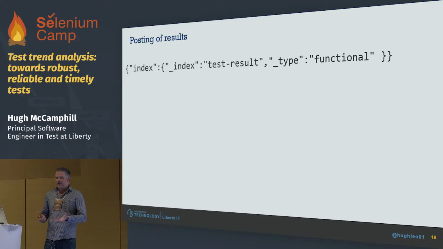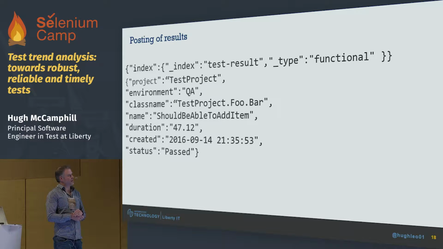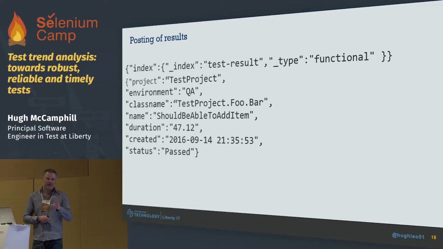And then, whenever you have actually run the tests, you need to build a particular type of JSON structure, which is specific to Elasticsearch. I've started looking to see if we can switch to another tool for storing this information, and how it works is completely different, which is interesting, but this is how it works for Elasticsearch. You can see it's just providing the index, which is the first line, and then essentially the name value pairs for the data that we're interested in at a test level.